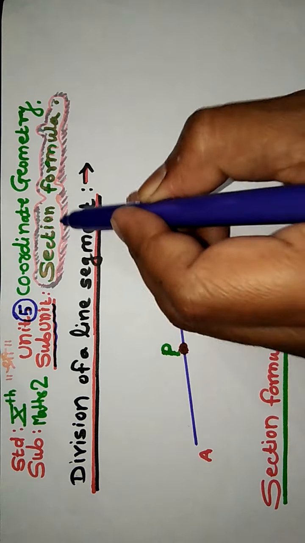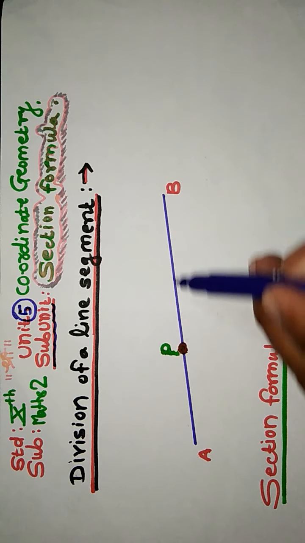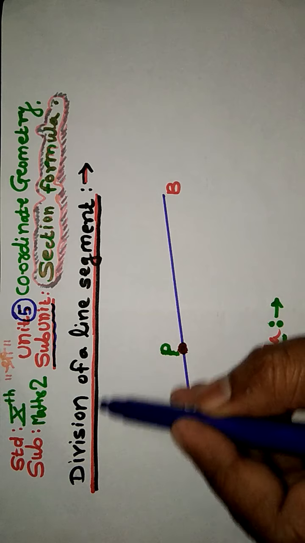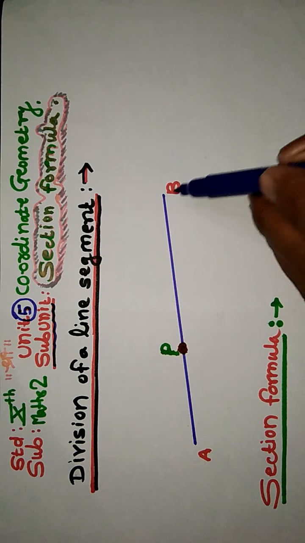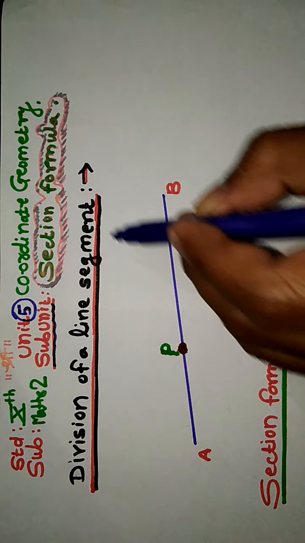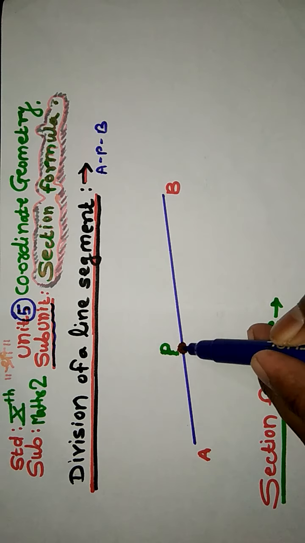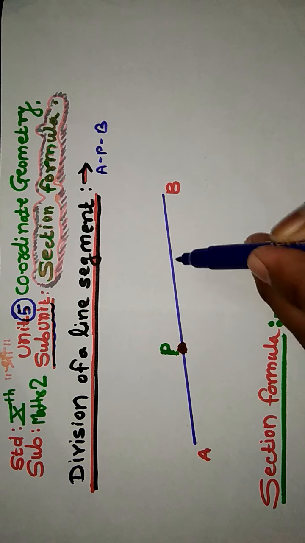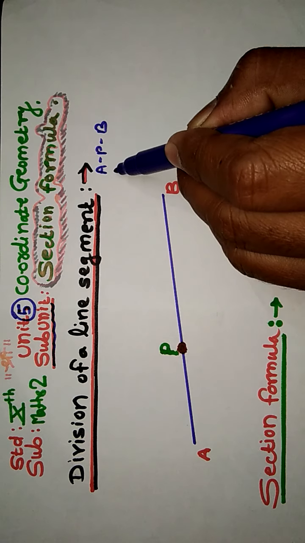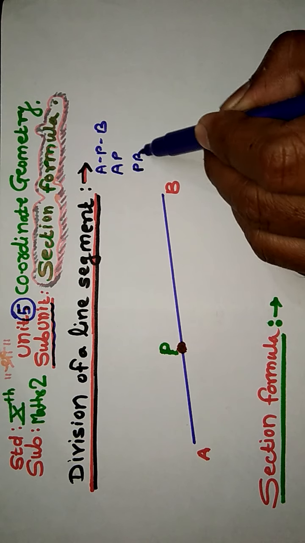Today we will study the section formula. To study the section formula, we see the division of a line segment. See here, AB is a segment and P lies on AB such that A-P-B. Means P lies on segment AB, where P divides AB into two parts, AP and PB.